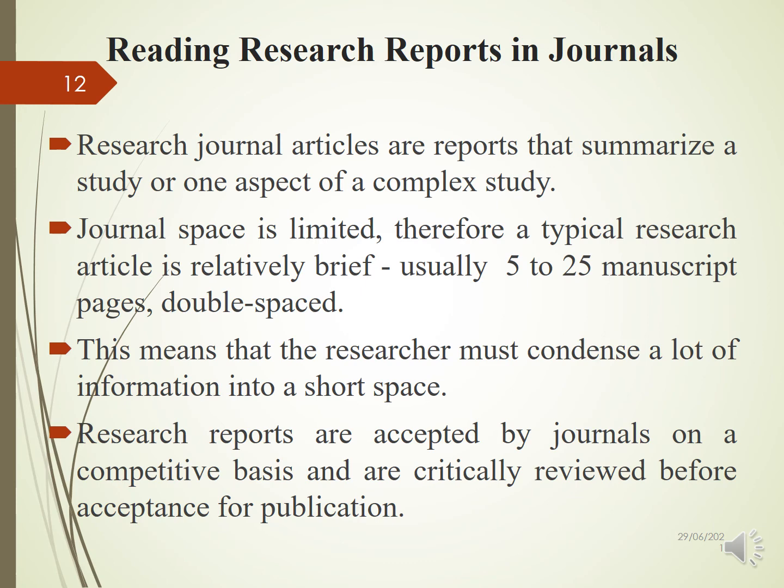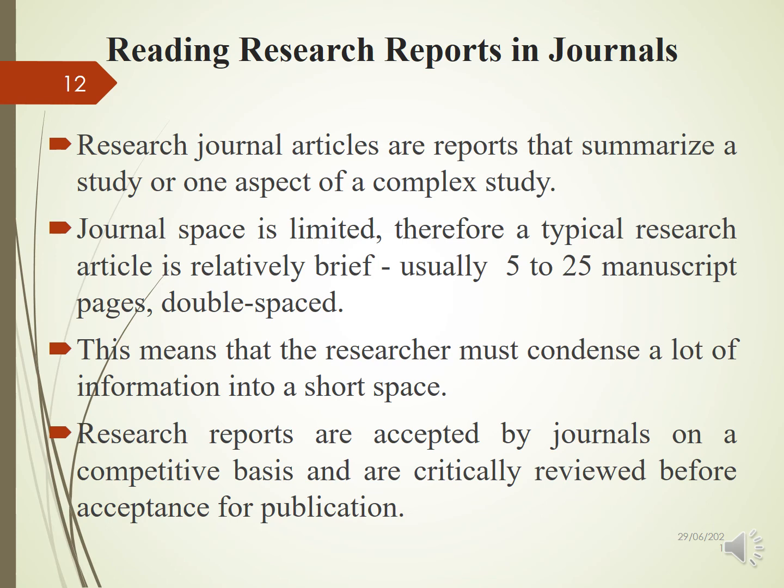Journal space is limited, therefore a typical research article is relatively brief, usually 5 to 25 manuscript pages, which are double spaced. This means that the researcher must condense a lot of information into a short space. Research reports are accepted by journals on a competitive basis and are critically reviewed before acceptance for publication.